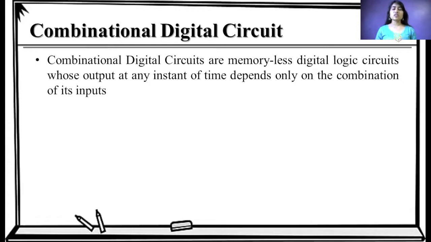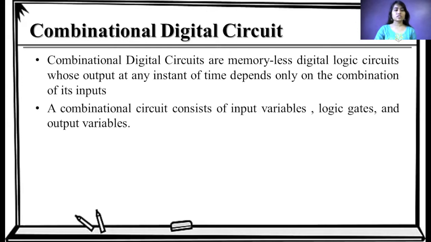And as we don't need any memory for storing past conditions, combinational digital circuits are memoryless digital logic circuits. A combinational circuit consists of input variables, logic gates and output variables.